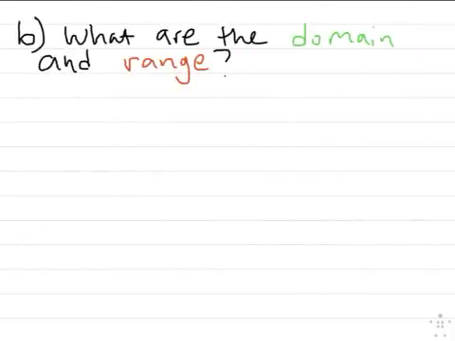So what are the domain and the range? Well, remember, domain has to do with what values we can put in for our independent. So these are related to each other, the independent variable and the domain.